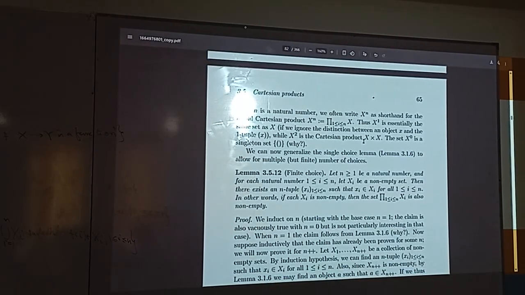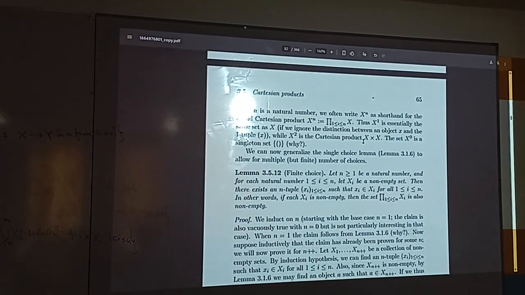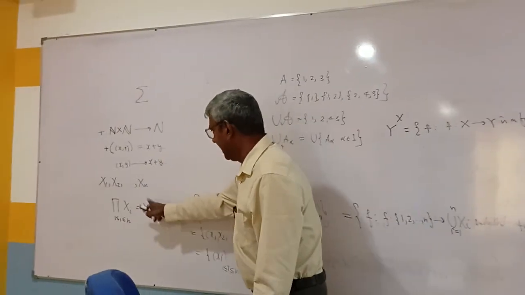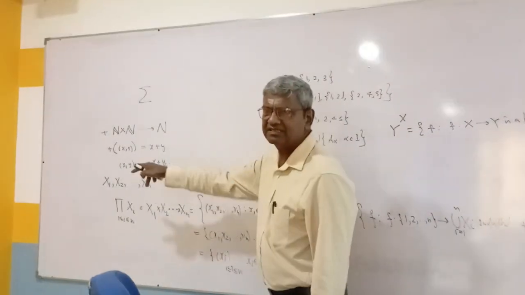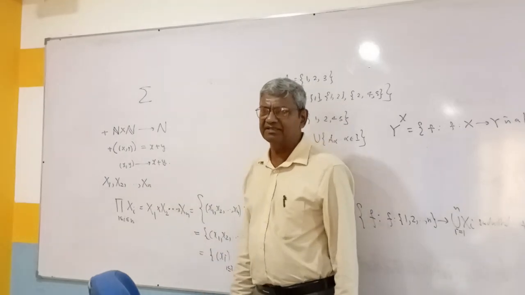If n is a natural number, we often write x to the n when all of them are equal. If you have x n times, this is denoted by x to the n.